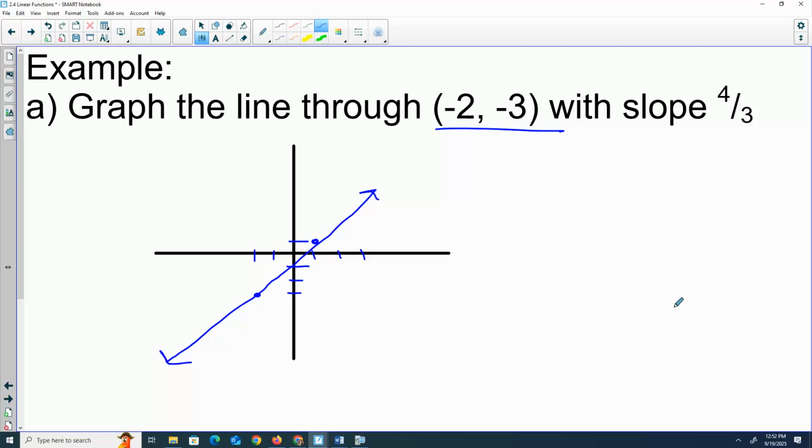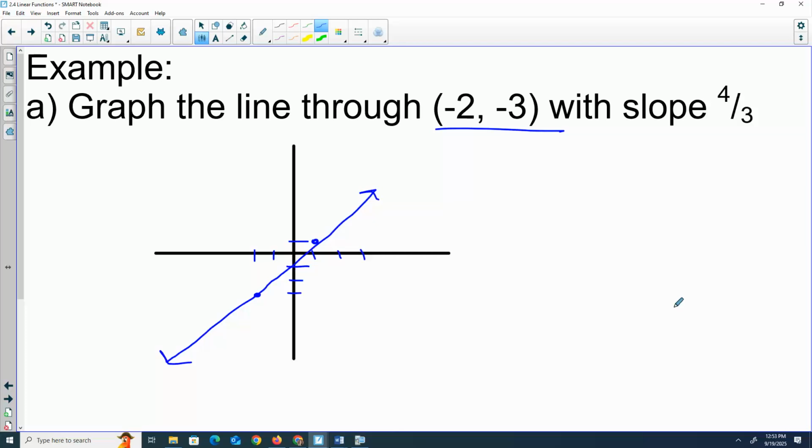What's my domain and range? Both negative and these positive then. Do we need more examples like that one?